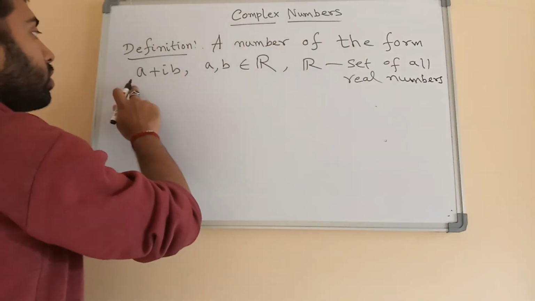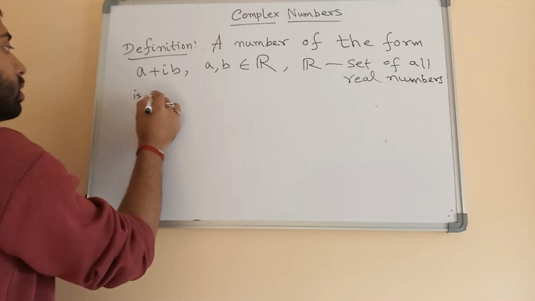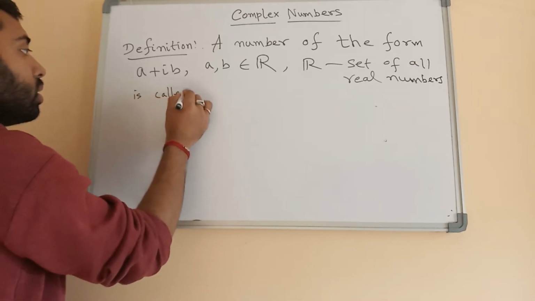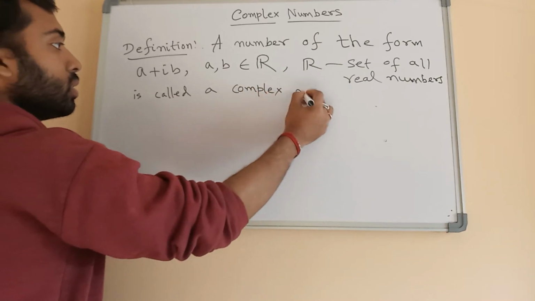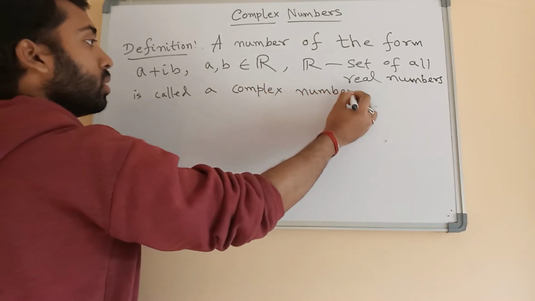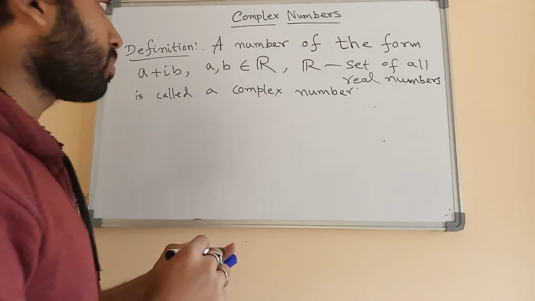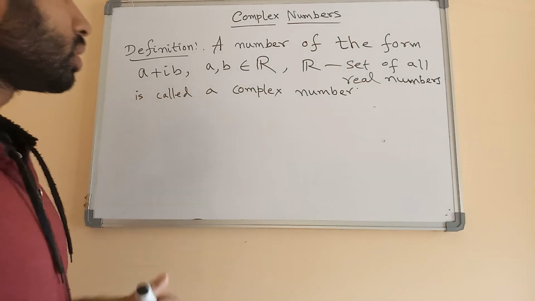A number of the form a plus ib is called a complex number. So any number of the form a plus ib is called a complex number.